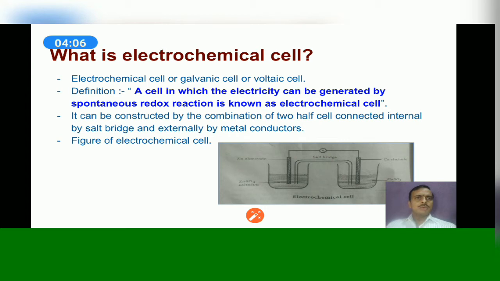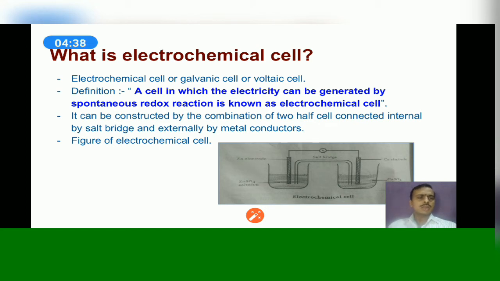Now similarly, we know what an electrochemical cell is. This electrochemical cell is also called a galvanic cell or Voltaic cell, and it is defined as a cell in which electricity is generated by a spontaneous redox reaction. In this cell, a spontaneous redox reaction occurs, which means the reaction takes place under a specific condition.